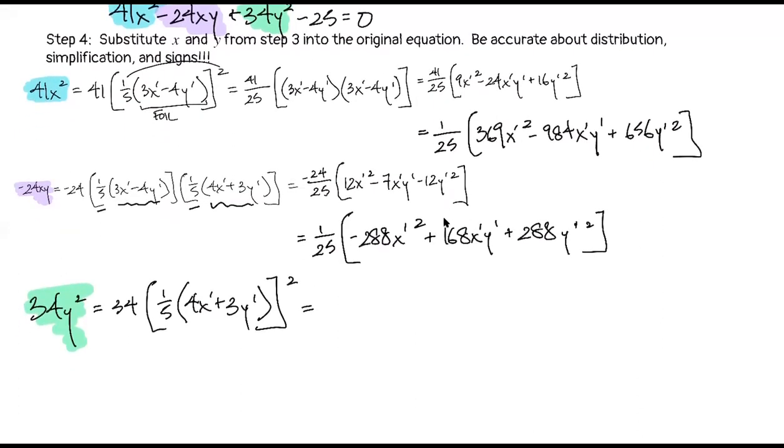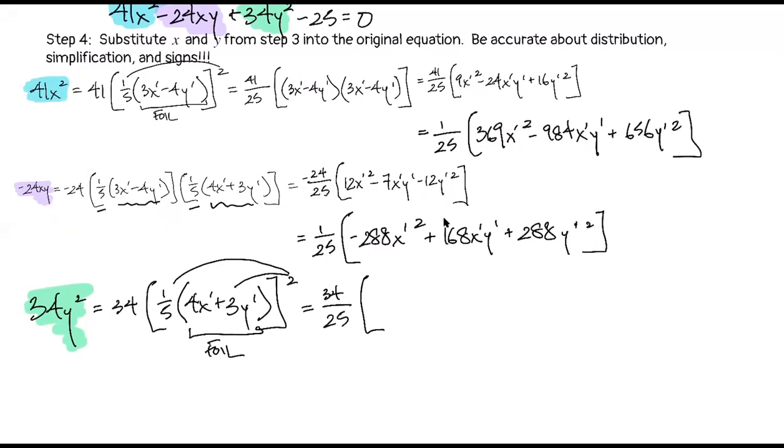All right. One last one to go. I've got this 34 y prime squared. So again, I made those substitutions on Thursday, and now I'm going to go ahead and take this squared, distribute it to the 1 over 5, and also FOIL this binomial. So I'm going to get 34 over 25 in the front.